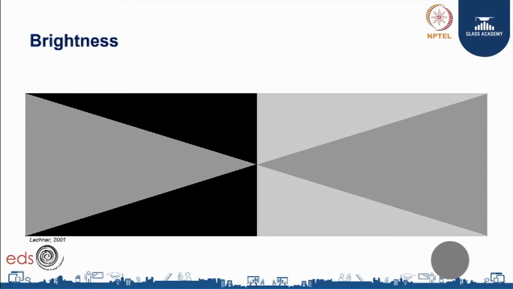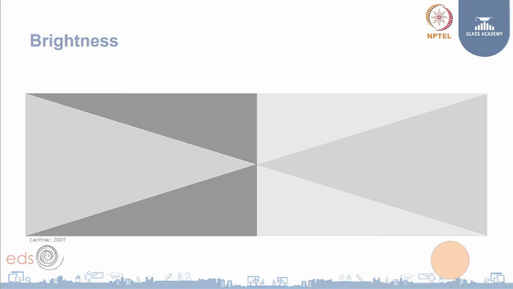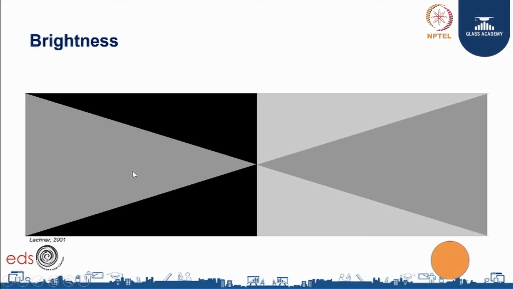Let's look at a simple example. This is a scenario where let's try to identify whether this left triangle is bright or this right triangle is bright. So let's take a moment. I think you must be ready with your answer. Let me guess, I think you would be thinking that the triangle on the left side is brighter than the triangle on the right side.